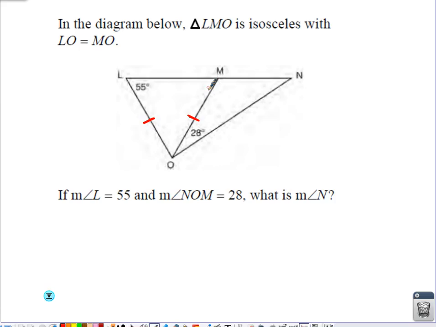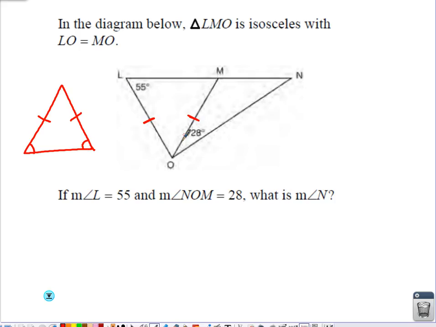No. One of them will be. Which one? If you have an isosceles triangle, let me flip it back over again. Anytime you have an isosceles triangle, the angles across from those equal sides will also be equal.